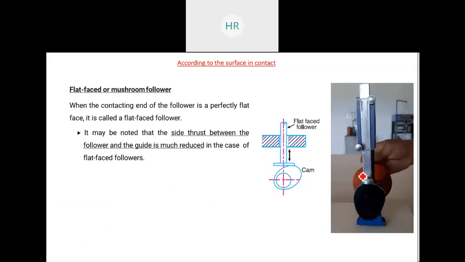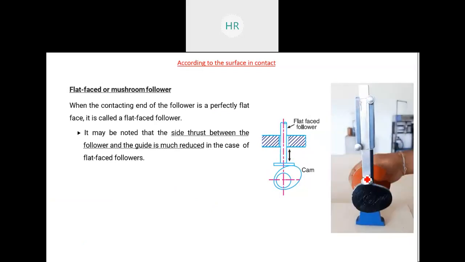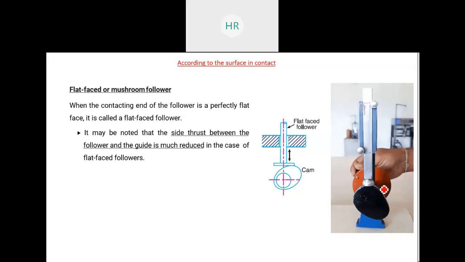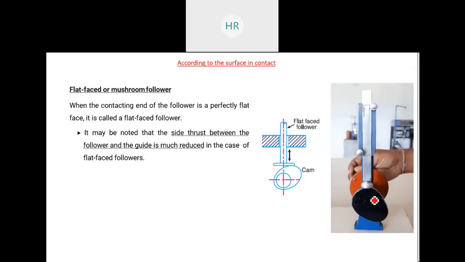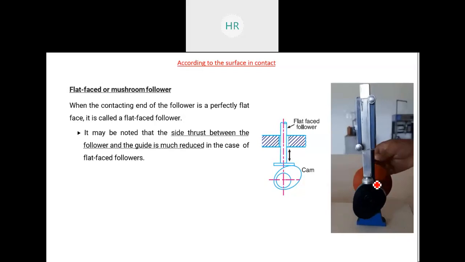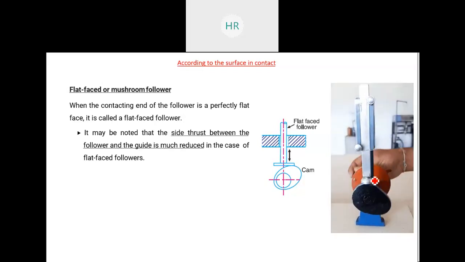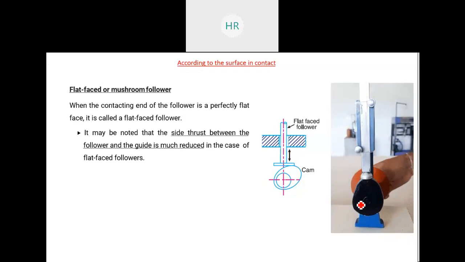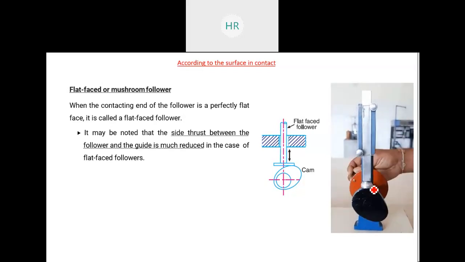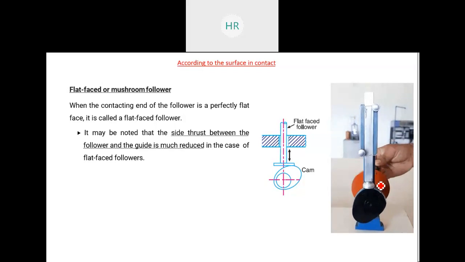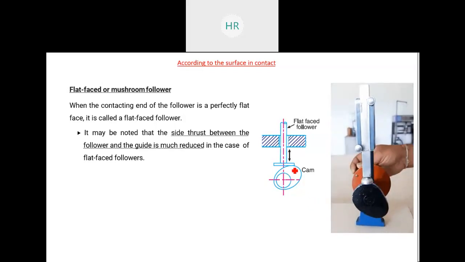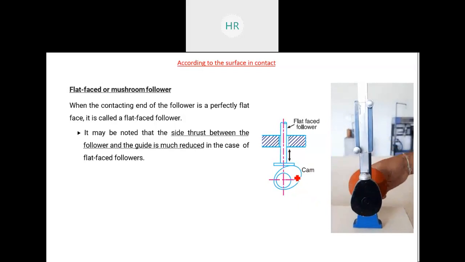But from this animation, you can observe that this motion is not that smooth. You can see it actually has a very large amount of friction. We are rotating it manually, but there is more friction in this case because here a sliding type of contact will be there.